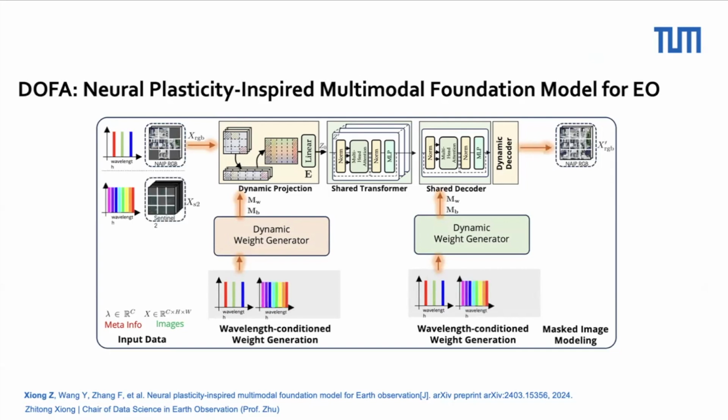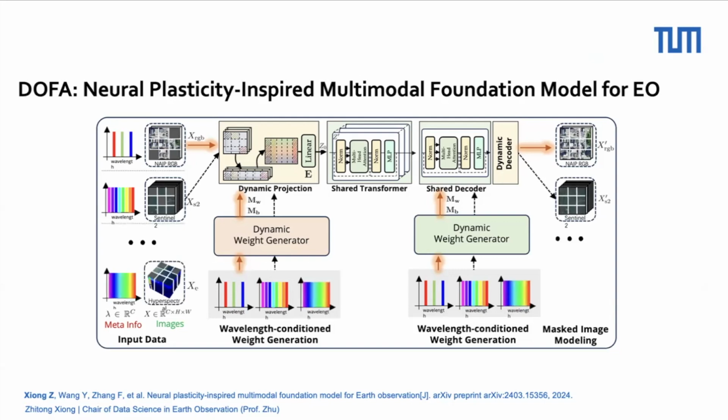And it's quite similar for the Sentinel-2 data. The wavelengths are different, and the dynamic weight generator would generate the corresponding weights for this kind of data, and we will do the reconstruction process here.